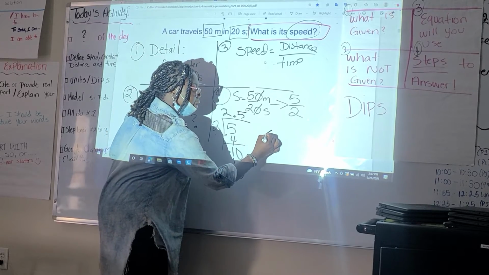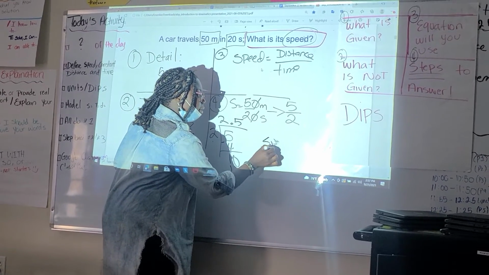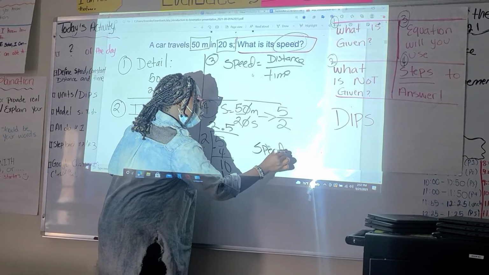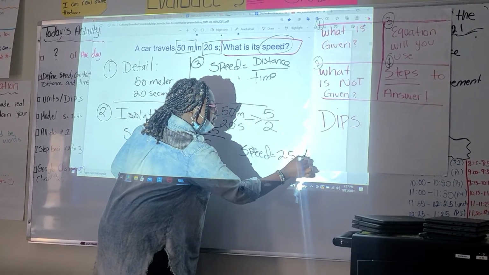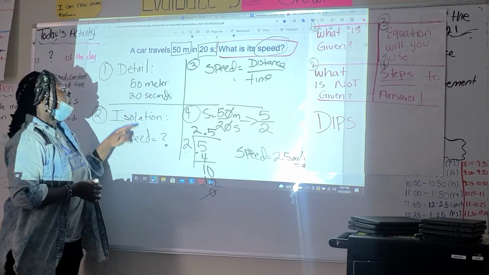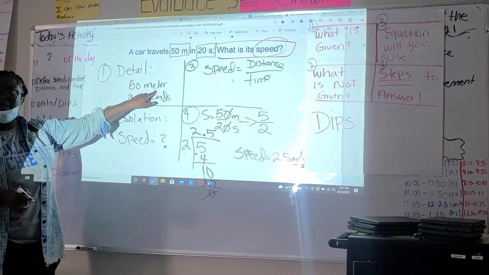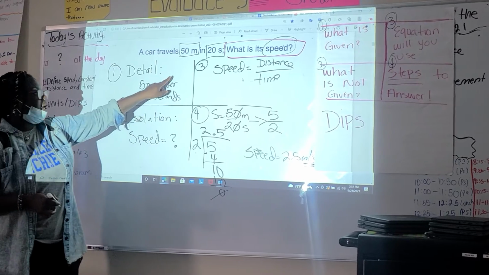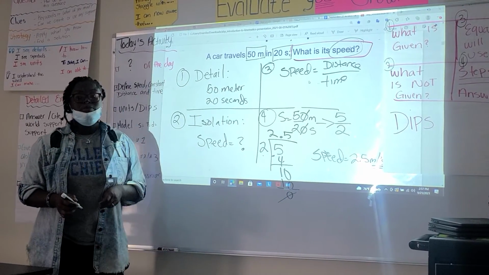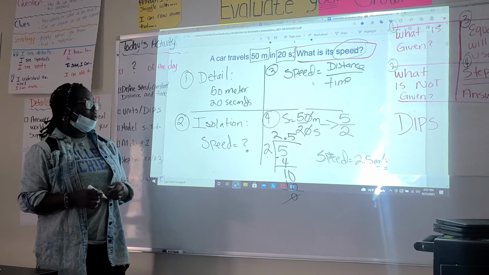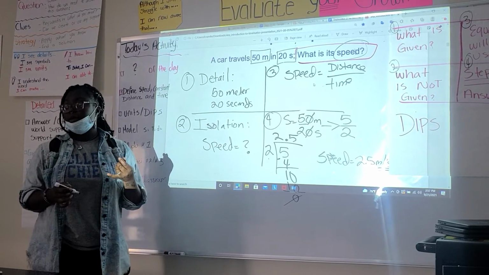So speed, I'm going to write it out, equals 2.5 meters per second. That unit is important because that same unit is what gave you that detail. So make sure to see how you have the units here and here, you should have the unit here too to match it out. So speed equals 2.5 meters per second.